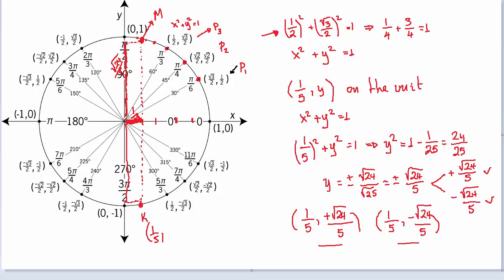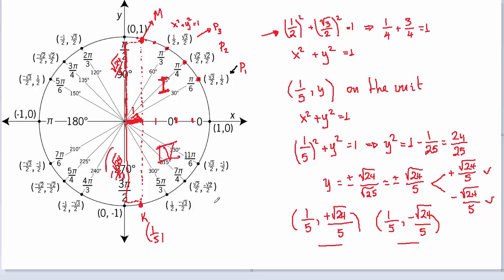Because it's under the x-axis, it is going to be negative square root of 24 over 5. Okay, so 2 points. The one point with the positive y-coordinate will be in the first quadrant, while the second one, the one with the negative y, is going to be in the fourth quadrant.